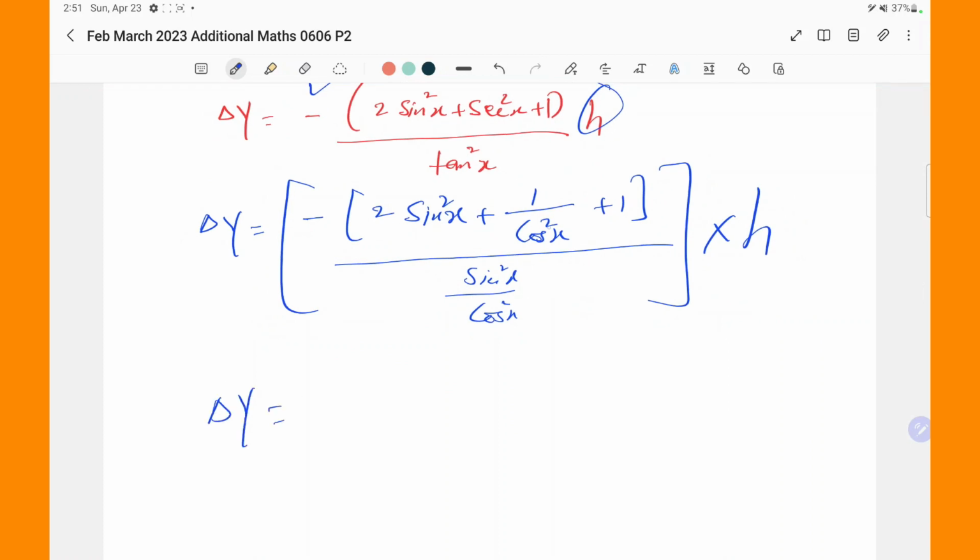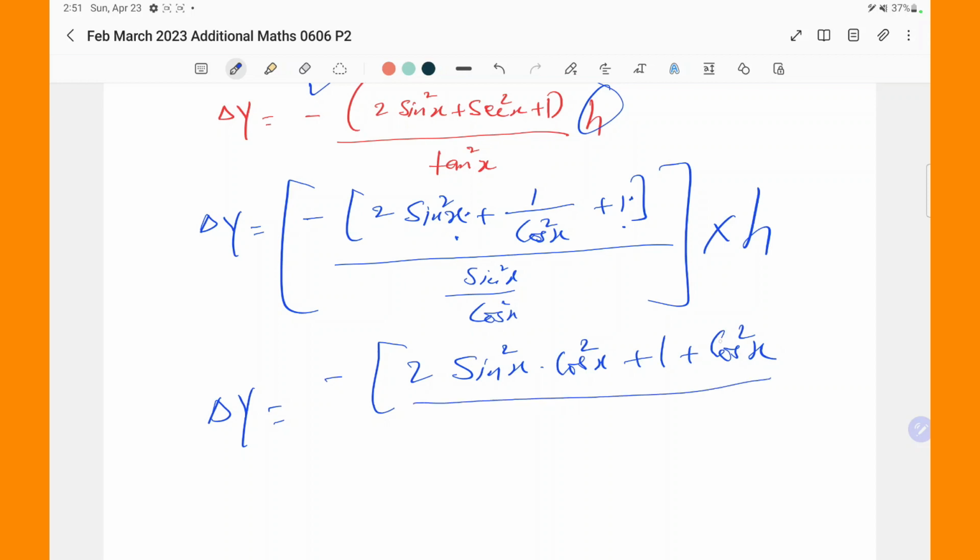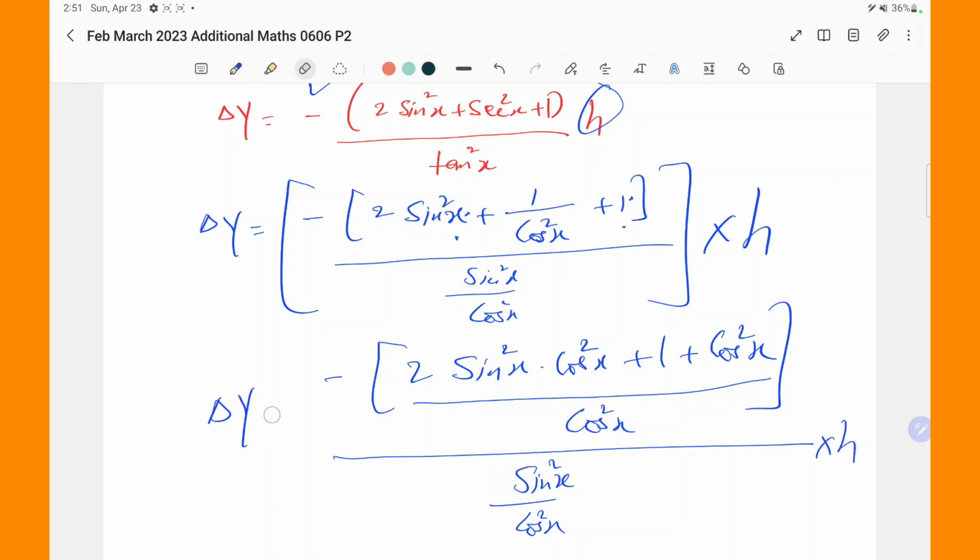So delta y is, now I will write cos square here, here, here, and here. So minus is outside, 2 sin square x cos square x plus 1 plus cos square x over cos square, divided by sin square x over cos square, then times h.